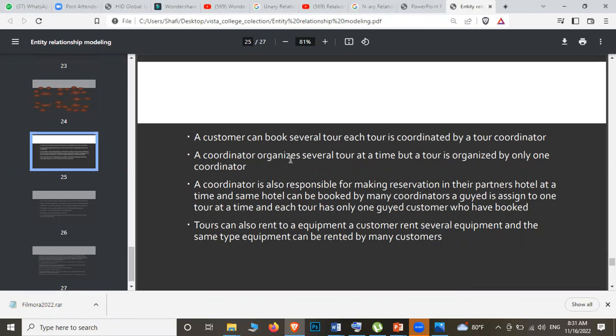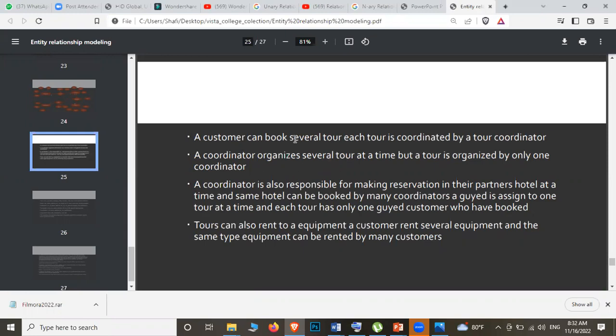Did you understand this? A coordinator organizes several tours. No, there would be several tours. Then the client will come and pick, whether they go to Pedro, Nuwara Eliya or Trincomalee.